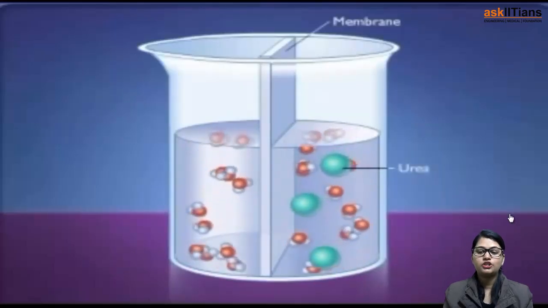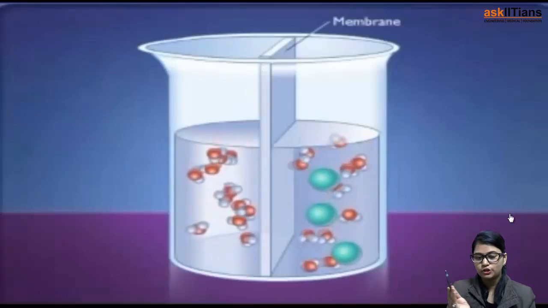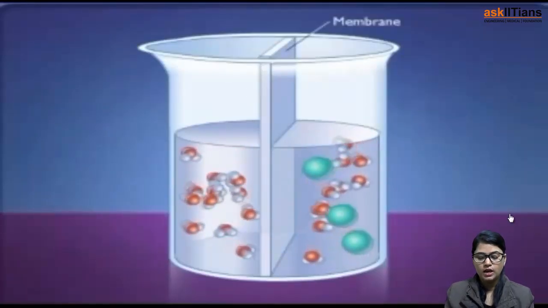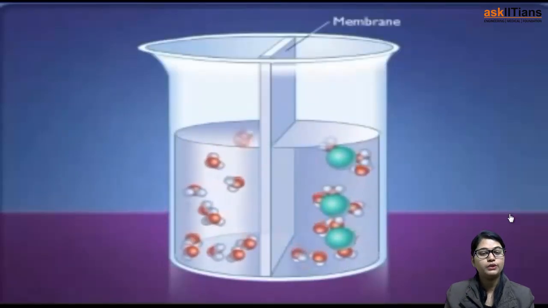If a molecule such as urea is added to one side of a membrane, then what will happen? It will not be able to diffuse across the membrane because it is both large and polar. Because of its polar nature, it will interact with the other polar molecules such as water.